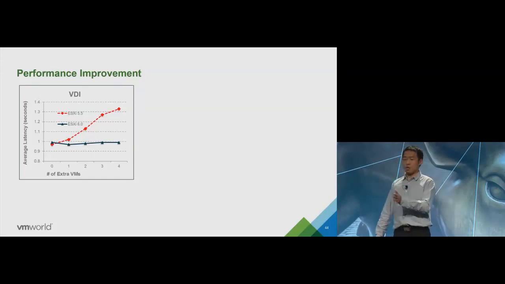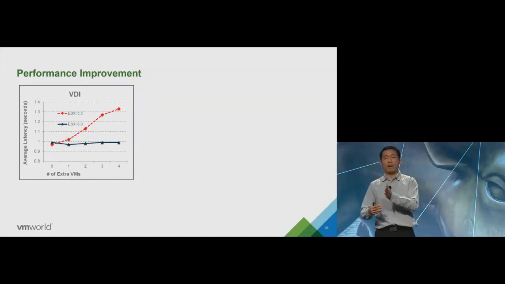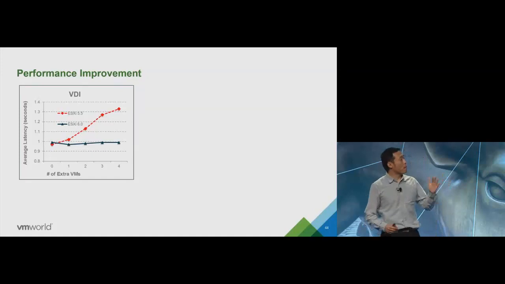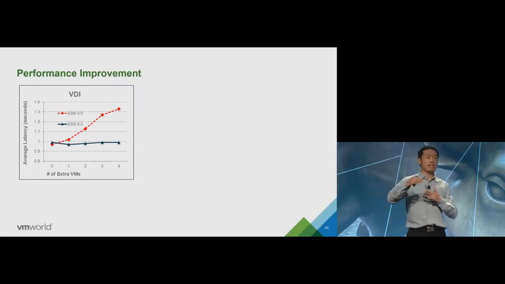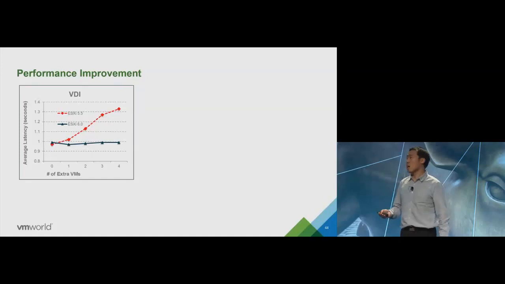The x-axis shows the number of extra VMs that I power on, which indicates different levels of host memory overcommitment ratio. In the figure, I compare the performance between the ESX 5.5 hypervisor, which just uses default large pages, and the ESXi 6.0 hypervisor with clear memory state support.